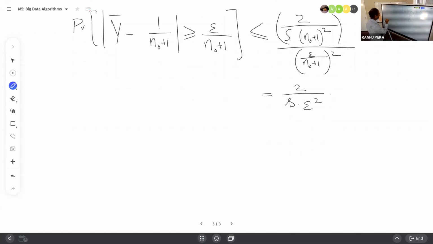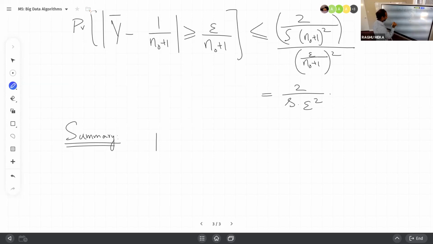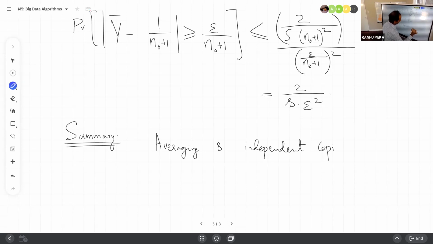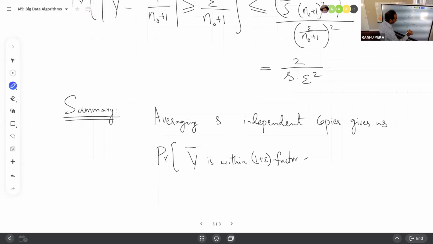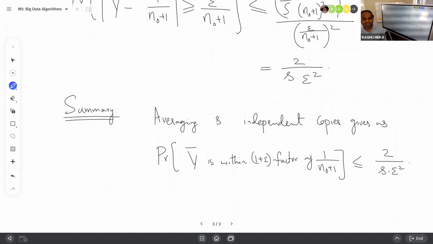Okay, so summary. If you want something within a 1 plus epsilon factor, like 1.1 factor, and with some reliability, then I need to take S to be correspondingly high.